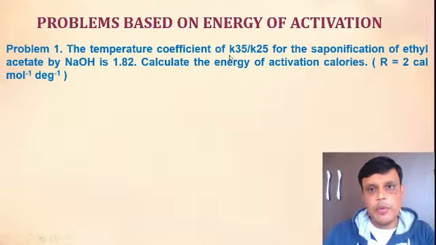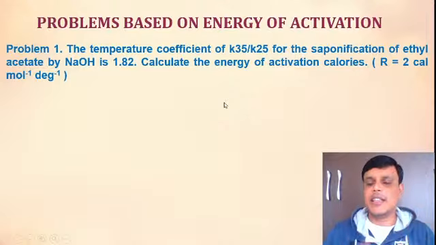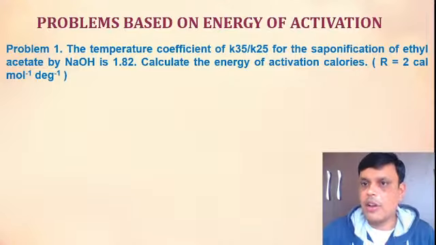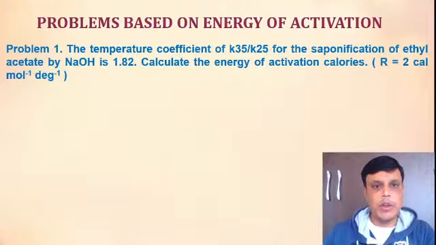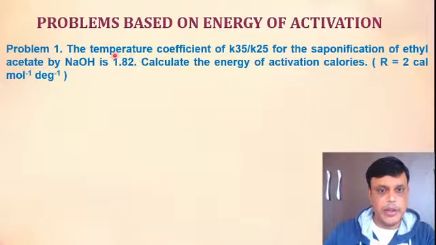The temperature coefficient K35 by K25 for the saponification of ethyl acetate by NaOH. So here the reaction is saponification of ethyl acetate in presence of a base, that is NaOH. Temperature coefficient K35 by K25 is given, which is 1.82.